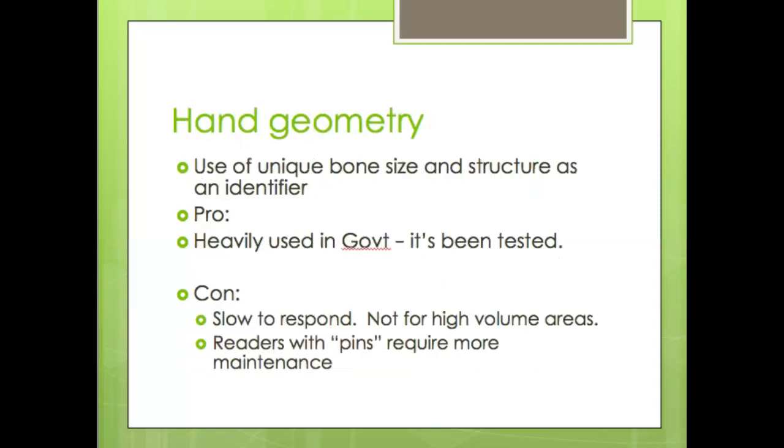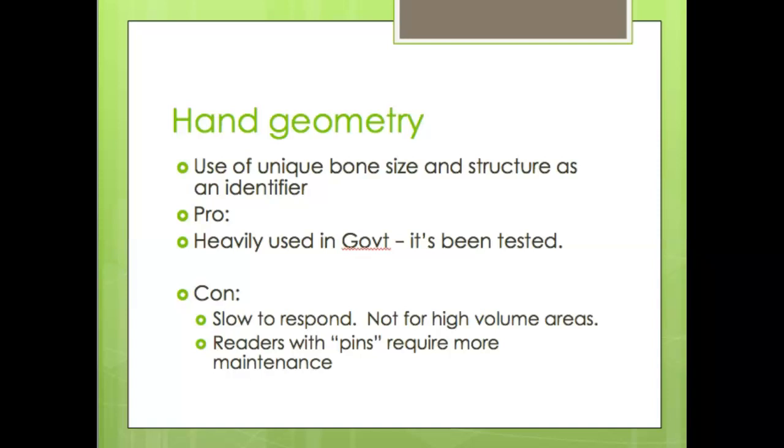So hand geometry and somewhat similarly the finger vein readers, as you saw in the text, use unique bone size and structure or venal structure to identify the person, right?